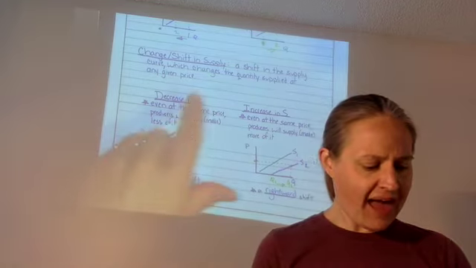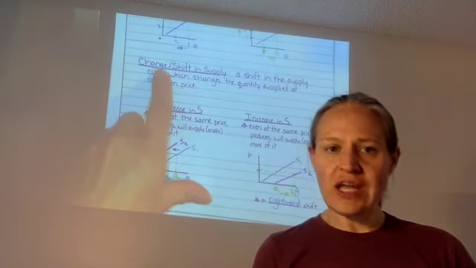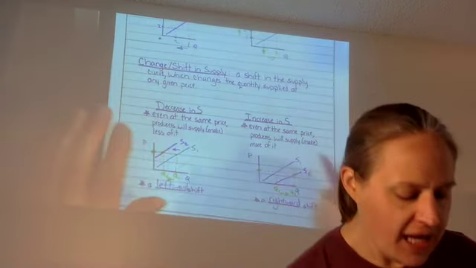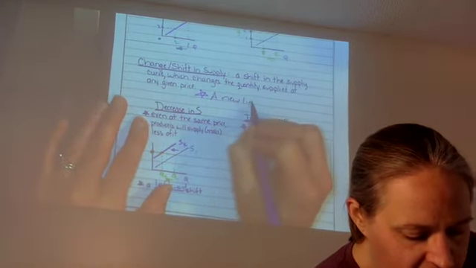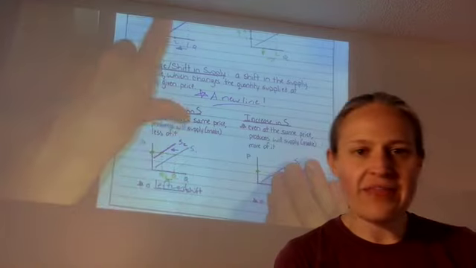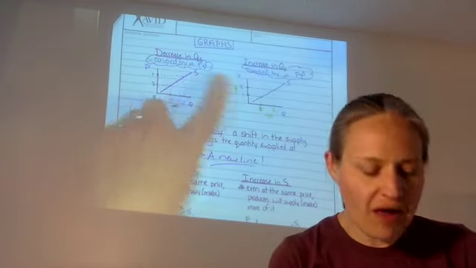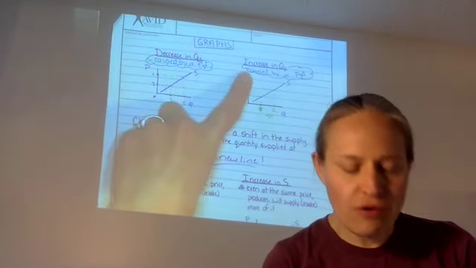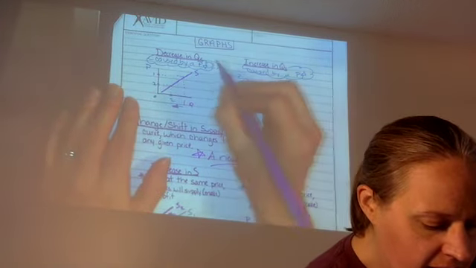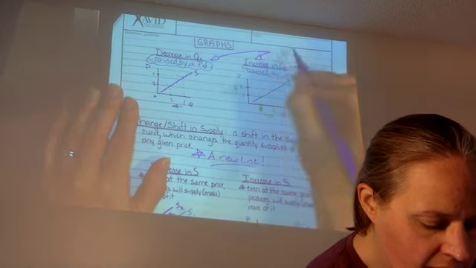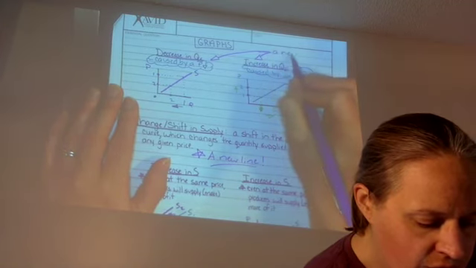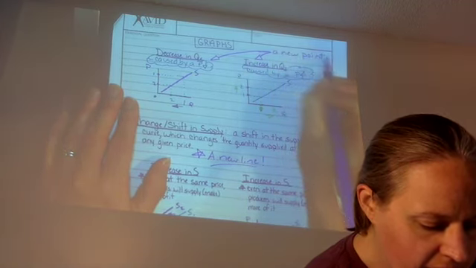Another thing that I want us to add is a little reminder that a change or a shift in supply is a new line. And a decrease in quantity supplied or an increase in quantity supplied, these two things are a new point.